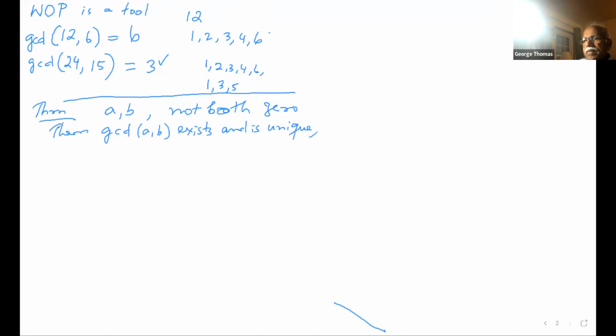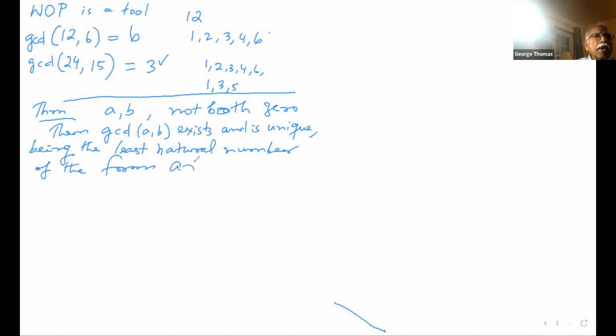Not finished yet. What about that GCD? It is the smallest, or least, natural number of the form ax plus by, where x and y are coming from Z. Sir, how could it be the least natural number?